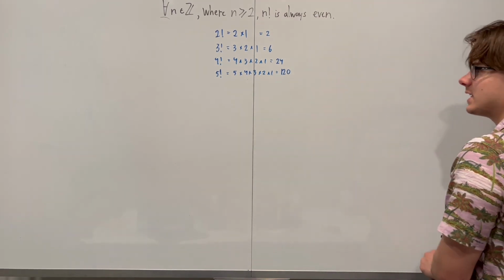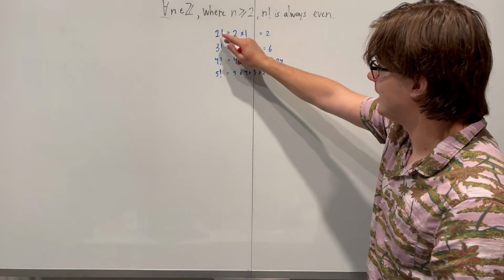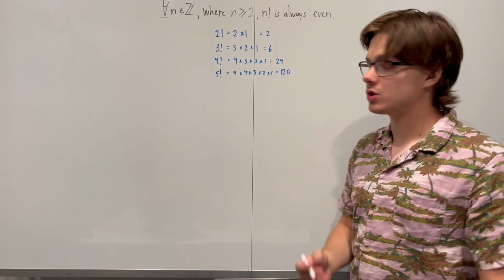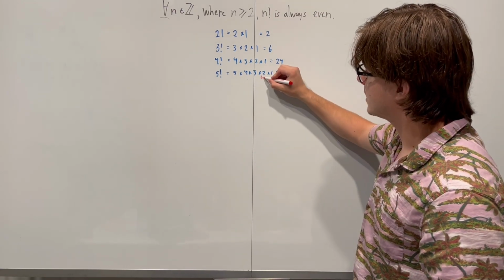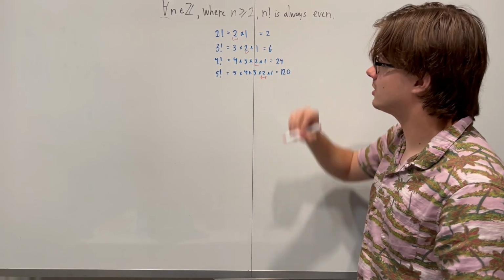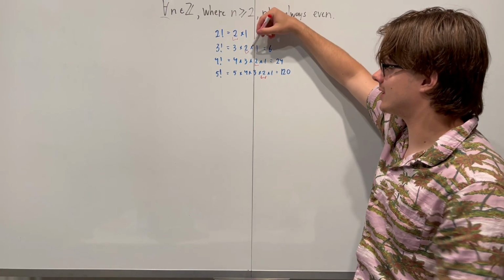Something that also makes me believe that this is probably true is because it appears that for any integer greater than 2, when we take the factorial of it, it's always going to have a multiple of 2, right? It's going to be 2 times something. In this case, it's 2 times 1. In this case, it's 2 times 1 times 3.